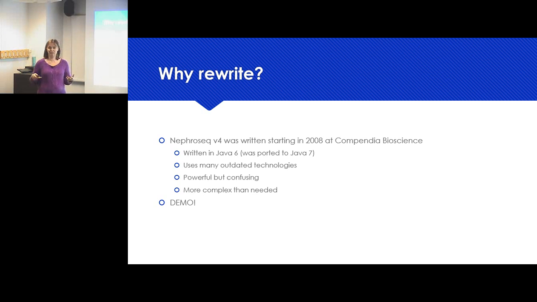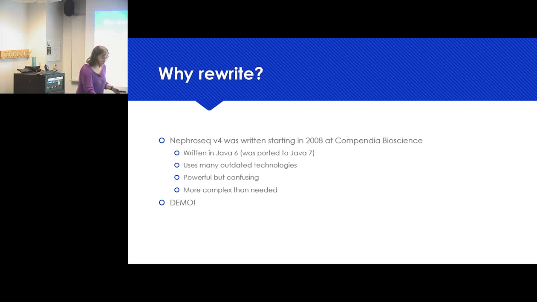We didn't do a whole lot to really make use of any of the new features of the language. It uses a lot of outdated technologies, and so it's getting harder and harder to maintain. It's very powerful. There's a lot of stuff in there, but it's also very confusing for our users. And it's more complex than what we actually needed, especially in nephrology.